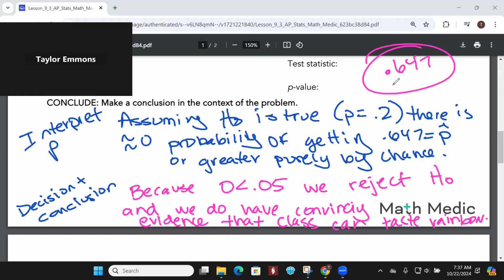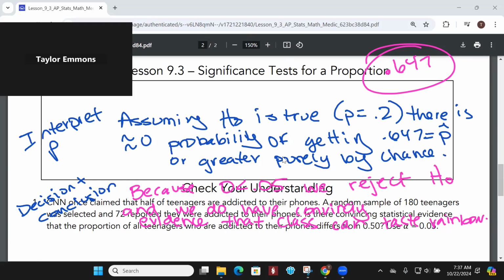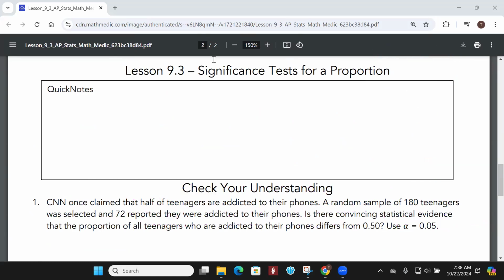Good. All right, we'll go to the back. We're going to summarize. What did we learn? Okay, still have the whole process of the choose, check, calculate, and conclude.